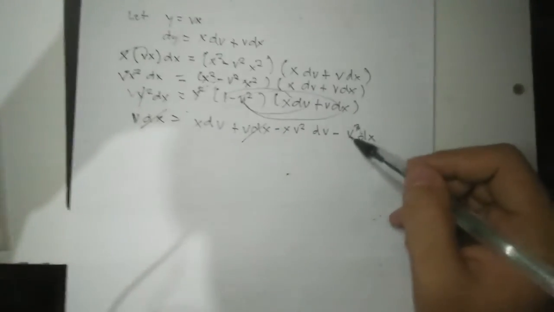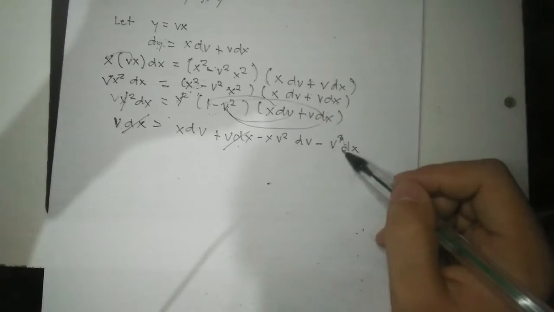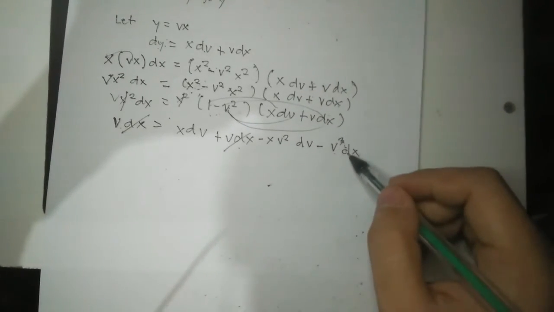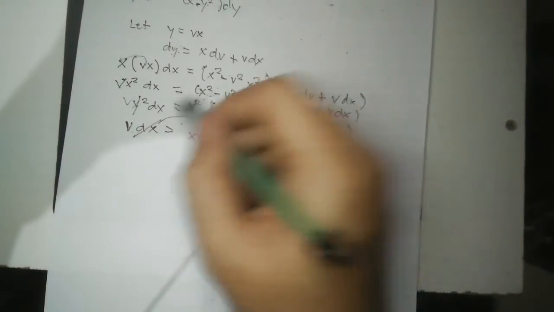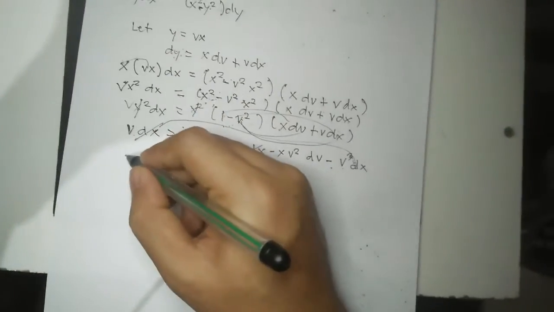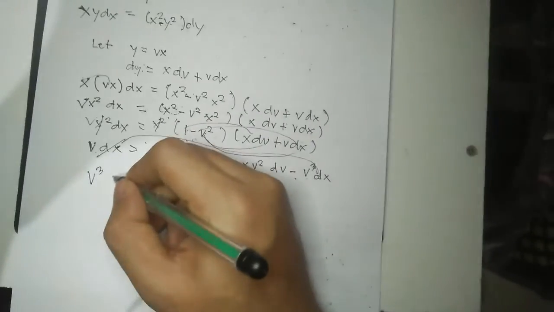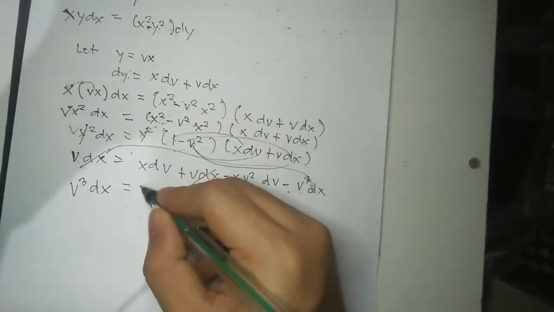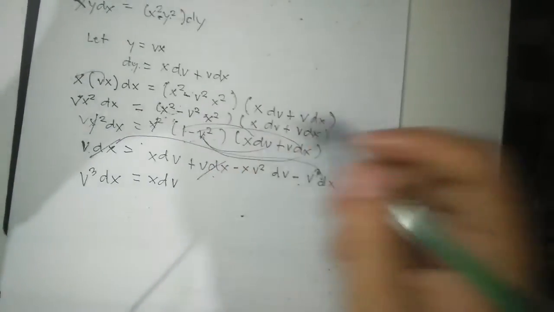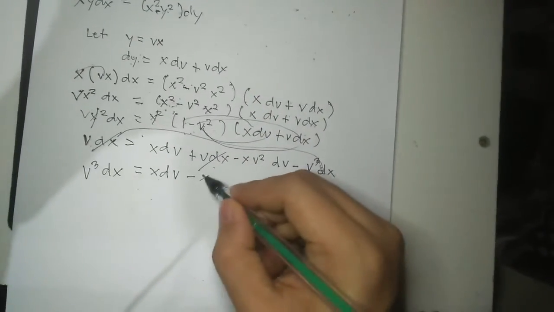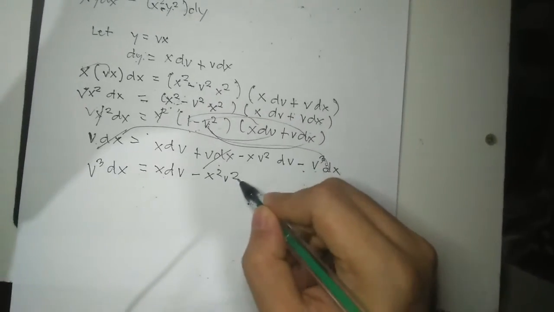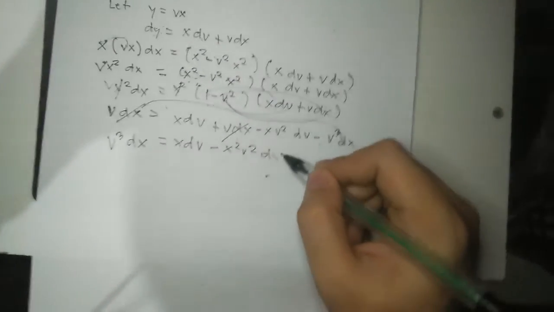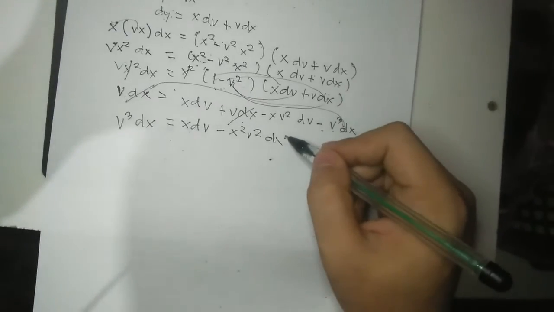And as for v cube dx, we will distribute it right here, so this will become positive v cube dx is equal to x dv minus x squared v squared dv.